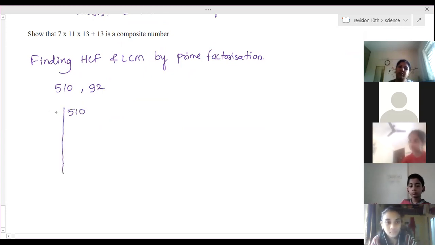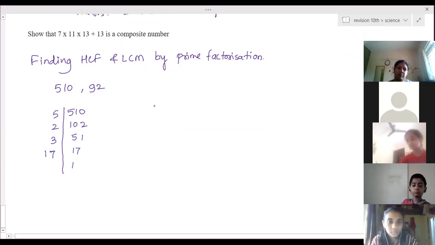So 510 is divisible by 2. I have divided: 255. Then 3, 85, then 5, 17, then 17, 1. Right?